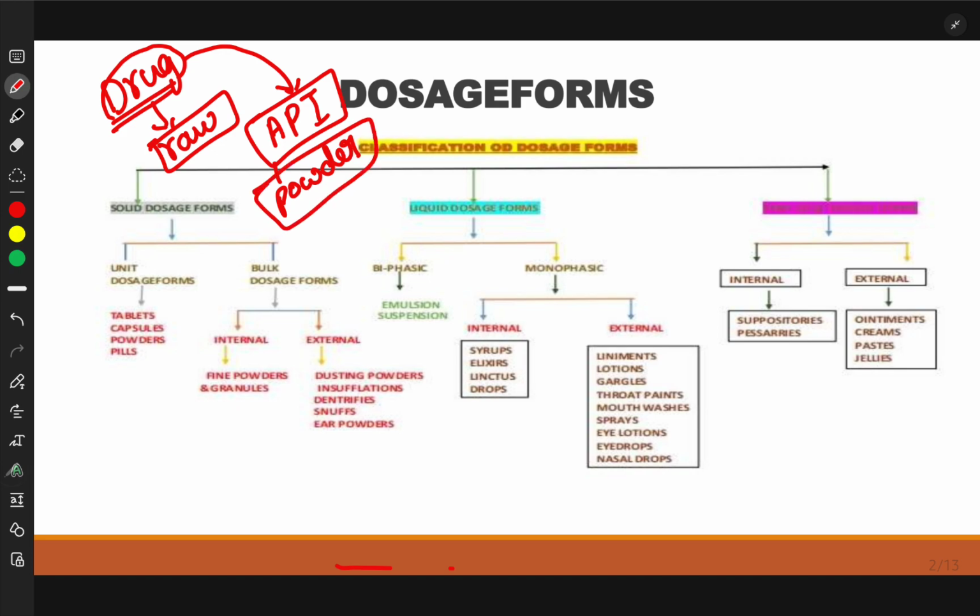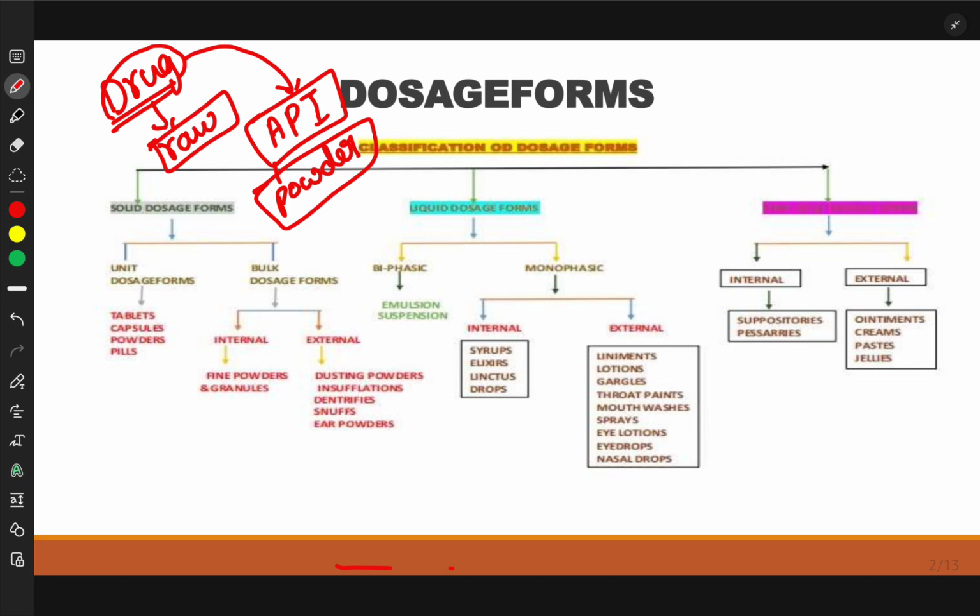We get the drug in the form of powder. It has many different characteristics: it may be bitter, it may be toxic at high concentrations, or it may have instability factors, like reactive properties when it comes into contact with oxygen or H2O.